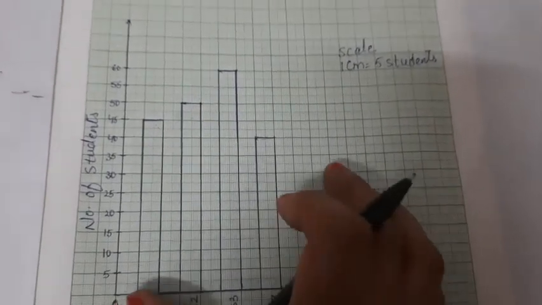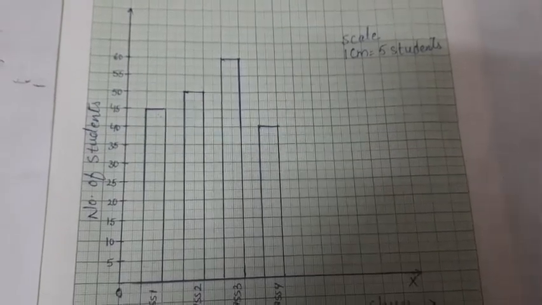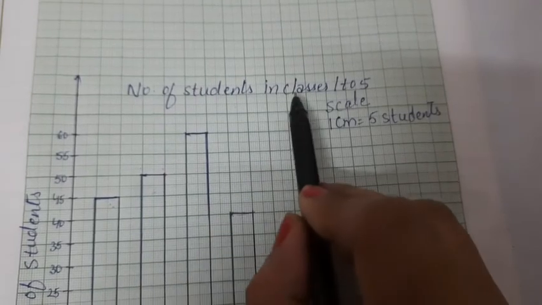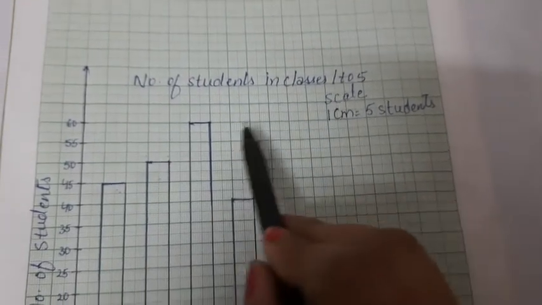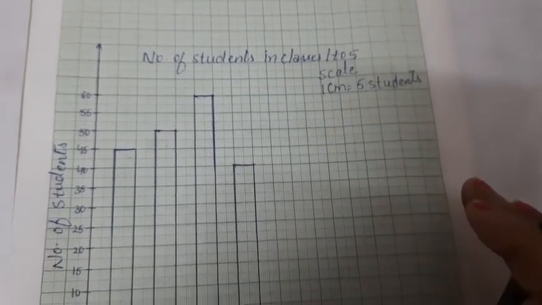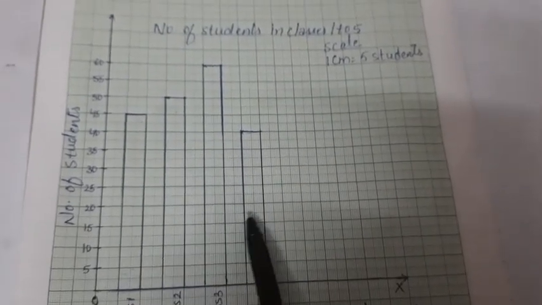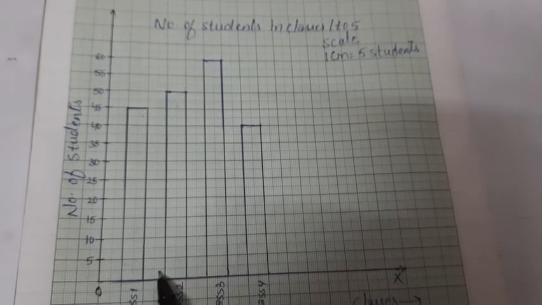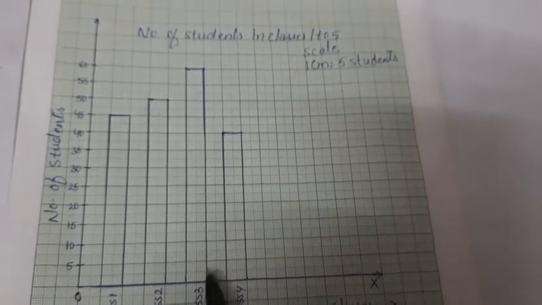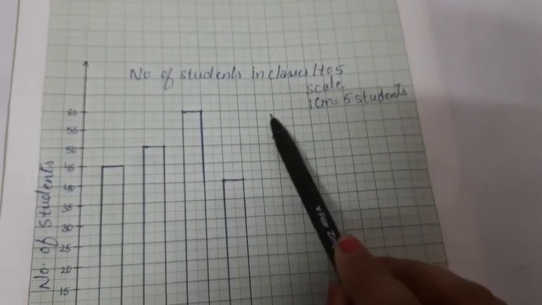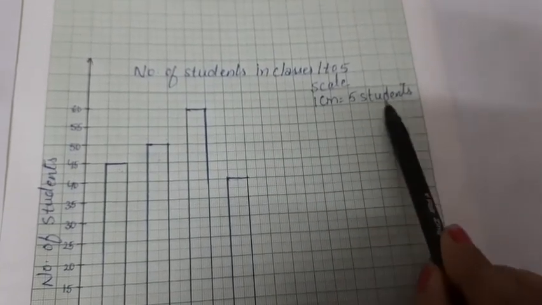The title of this graph is number of students in classes 1 to 5. So the width of each bar should be same, the space between two bars should be same, there should be a title, and we have to choose and write the scale also.